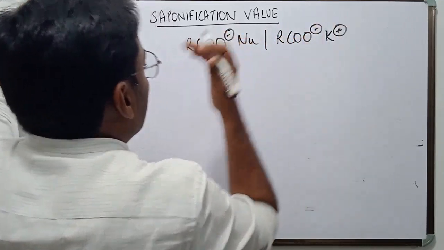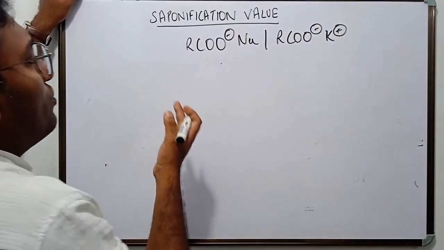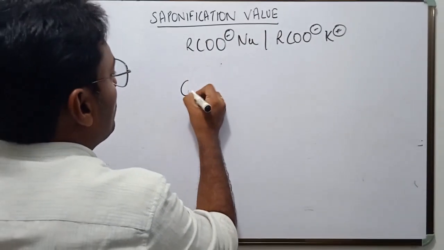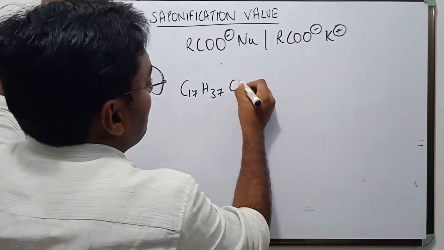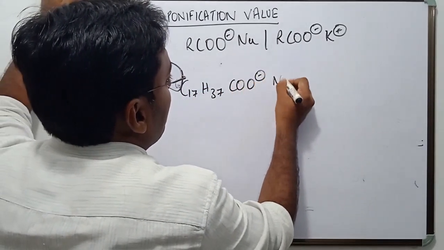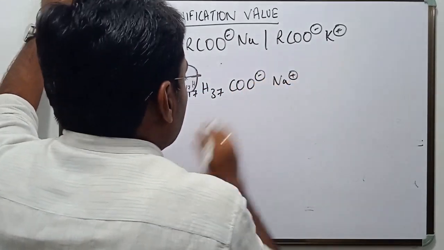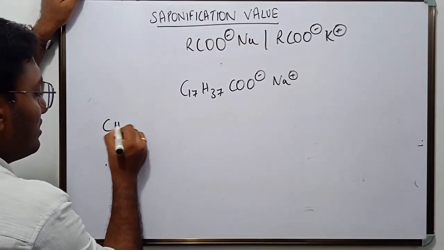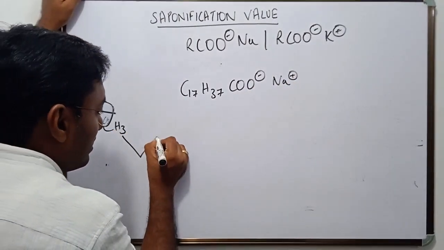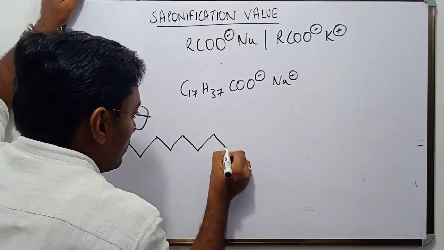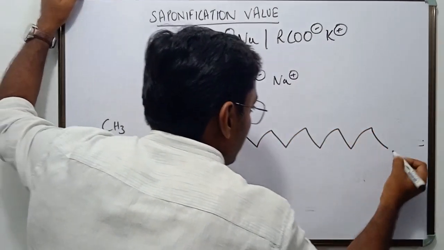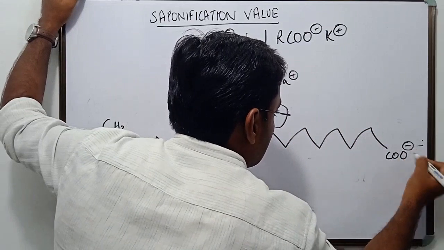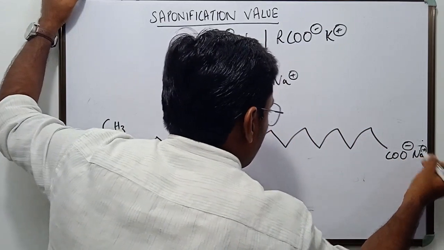For this, I take an example of sodium stearate. The formula is C17H35COO minus Na plus. Let me draw its structure. CH3, so that is the structure of sodium stearate.